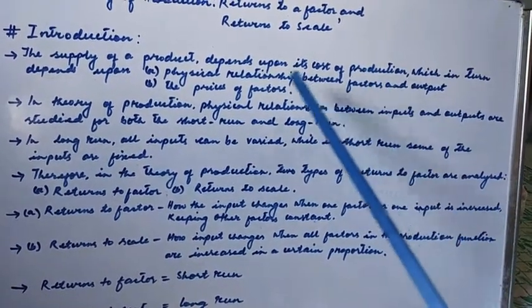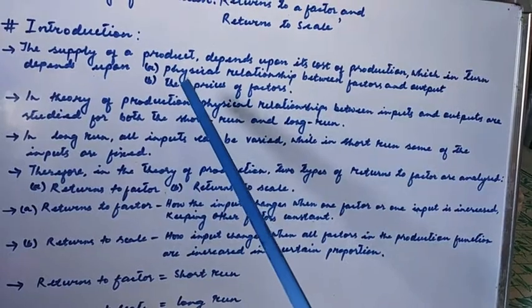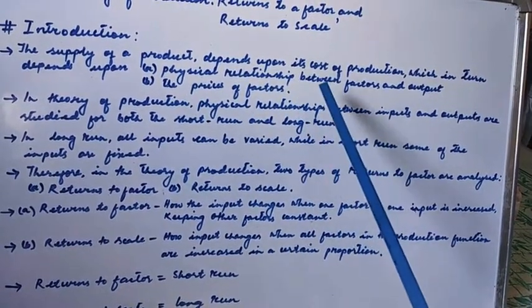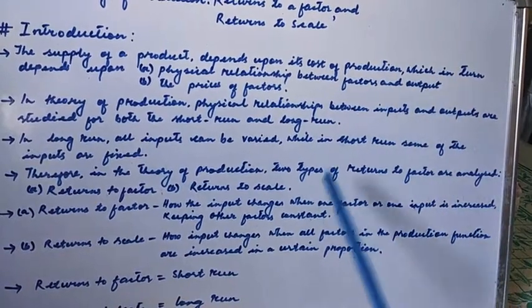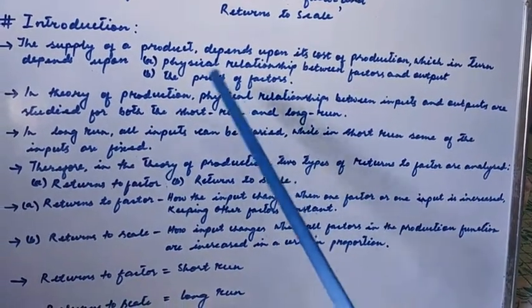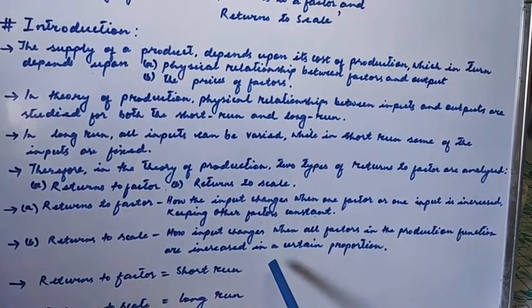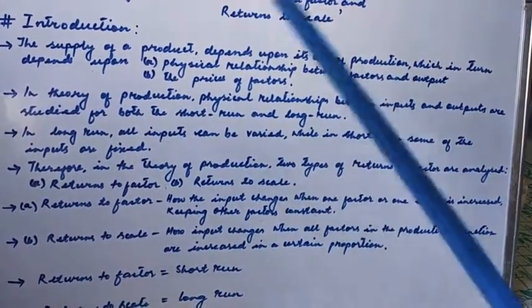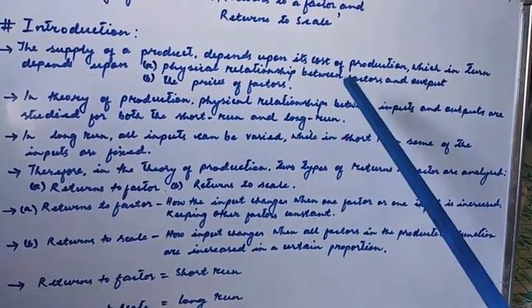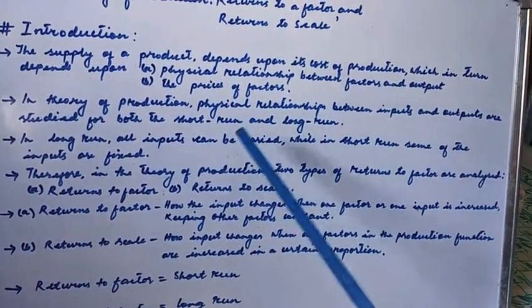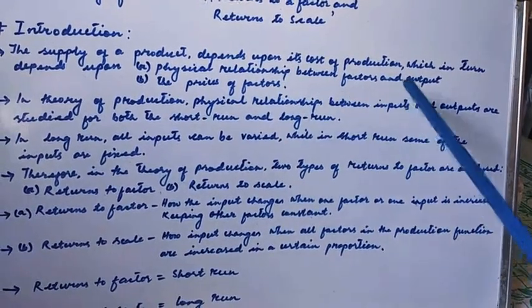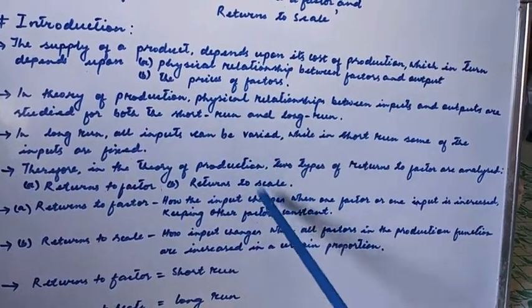This cost of production also depends upon two factors: the physical relationship between factors and output, and the price of factors.